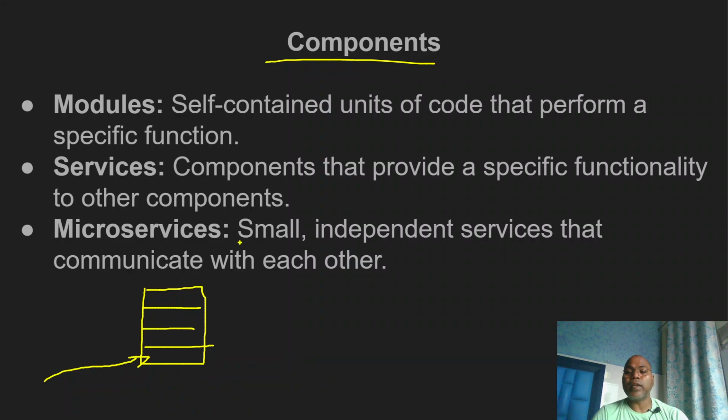It can be a very small independent service, then become microservices. We can deploy separate instances. Maybe services can be bigger, modules may be different. So depending on the level of requirement, you break it down, understand the requirement, and define your modules, your services, your microservices.